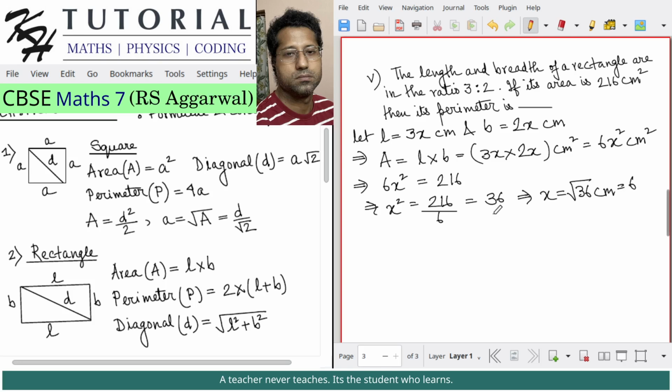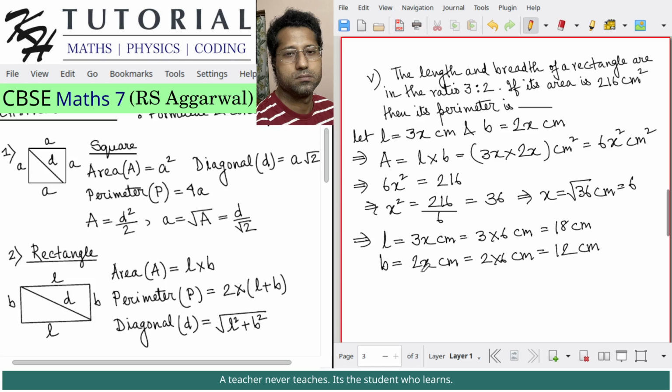Okay, so what will be the length? Length is 3x centimeter, which is equal to 3 multiplied by 6, because x is 6. This is equal to 18 centimeter. And what is breadth? Breadth is 2x centimeter, which is equal to 2 into 6 centimeter, which is equal to 12 centimeter. So now it is asking the perimeter of the rectangle.